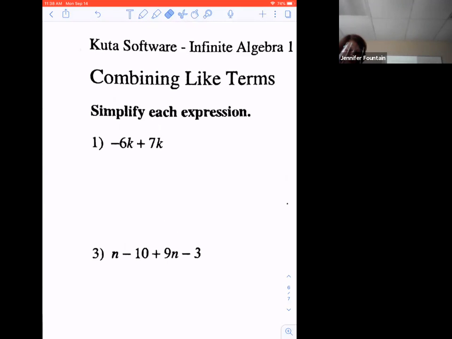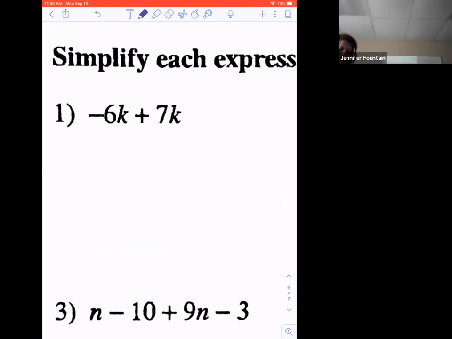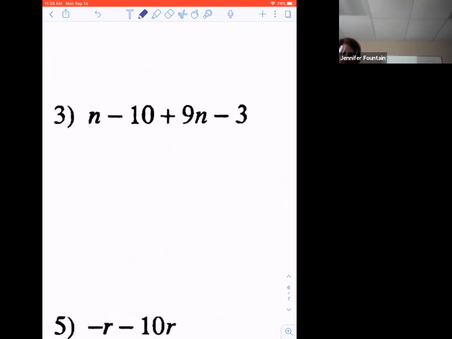So let's go ahead and look at the first one, negative 6k plus 7k. These are like terms because they both have the variable k. So all I do is I say negative 6 plus 7 is what? 1. So I've got 1k, and that would just simplify to k. Look at number 3.